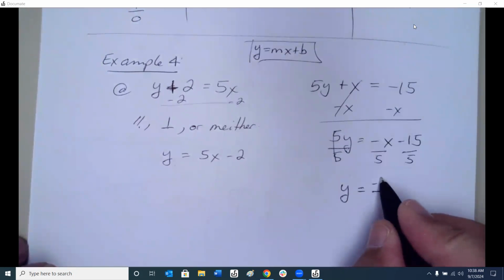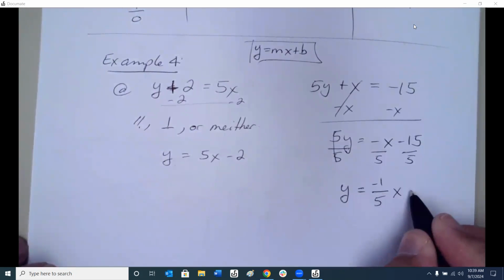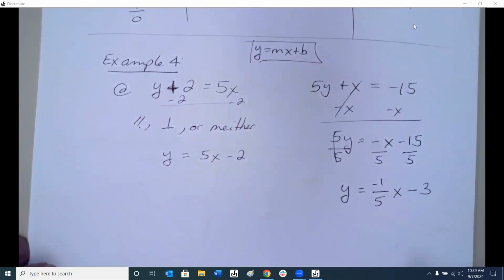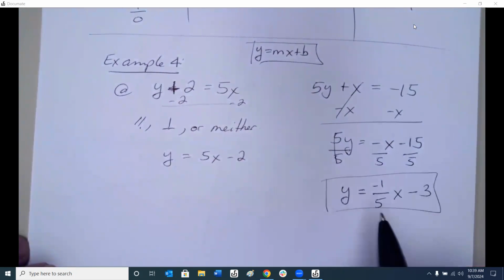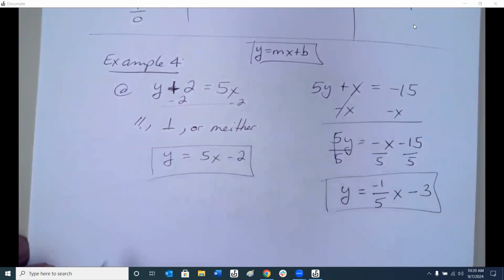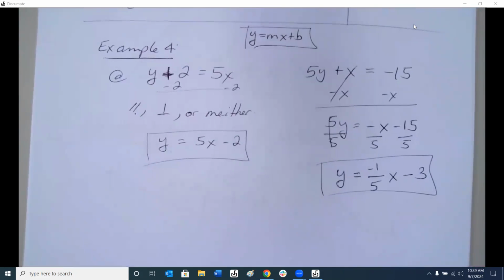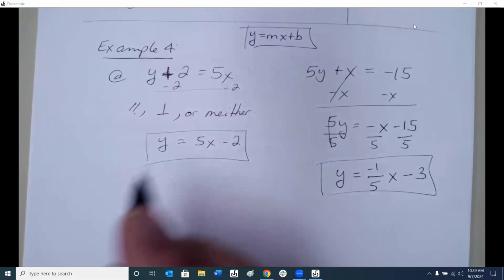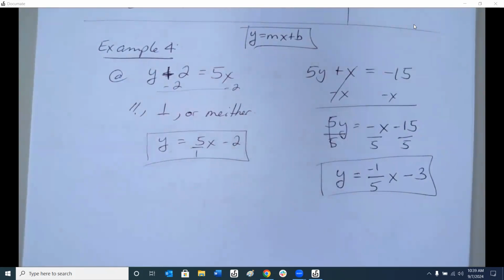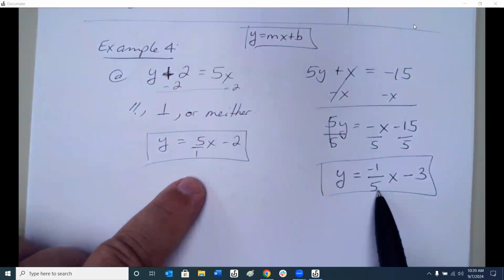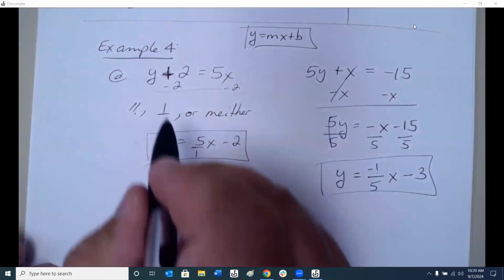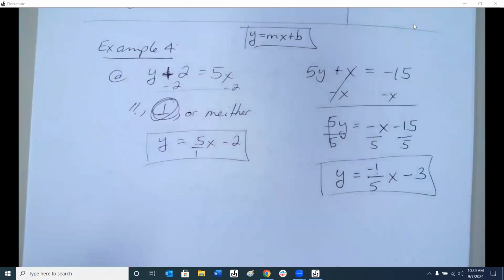So this one is negative 1 over 5x minus 3. So this one's 5 over 1. So it's the flip of it, and it changes signs, so it's perpendicular.